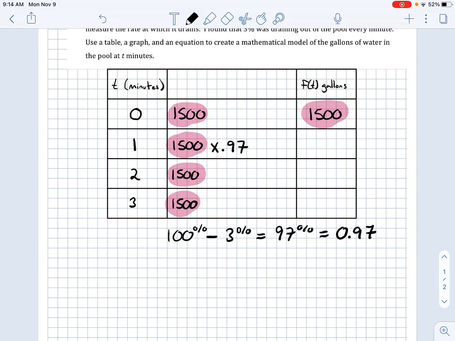So if you get your calculator out and you do 1,500 times 0.97, you get 1,455.